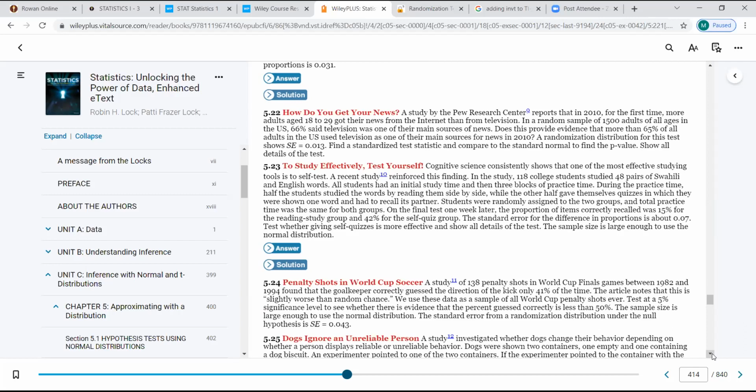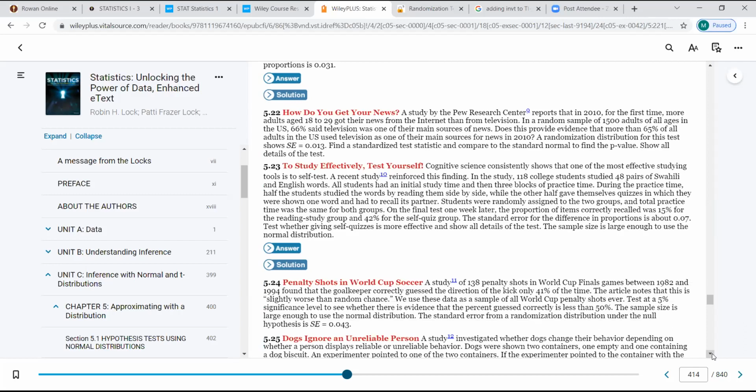On the final test 1 week later, the proportion of items correctly recalled was 15% for the reading study group and 42% for the self-quiz group. A big difference in the percentage recalled. The standard error for the difference in proportions is 0.07.